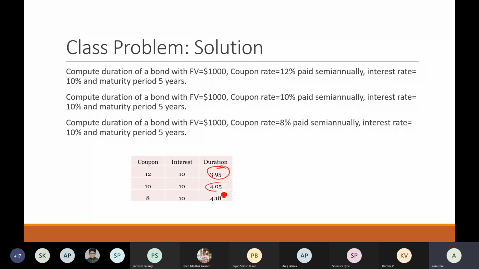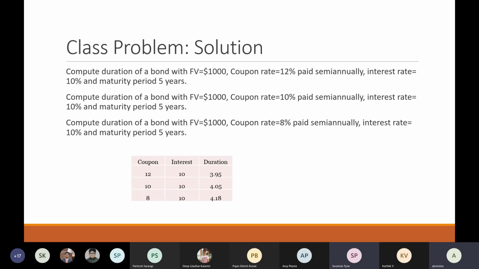For 10 it is 4.05, and for 8% coupon it is 4.18. So any trend are you observing? Anyone? Are you observing any relationship between duration and coupon?